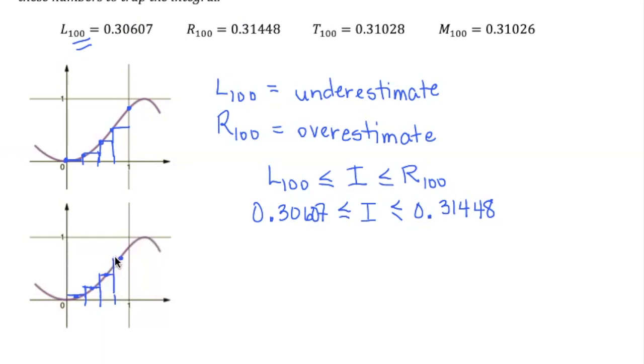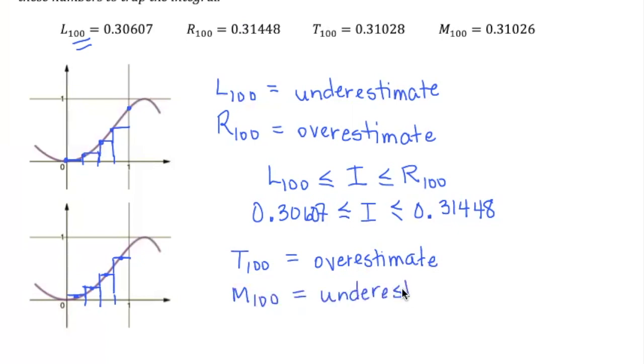And it depends on the geometry of your function. You can tell from the values that the overestimate in this case is the trapezoidal sum because it's larger than the midpoint sum. So this one's going to be an overestimate. And the midpoint sum is going to be an underestimate. These two work as a pair as the left and right do.